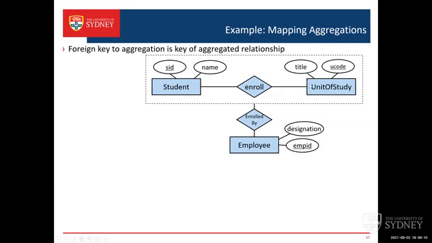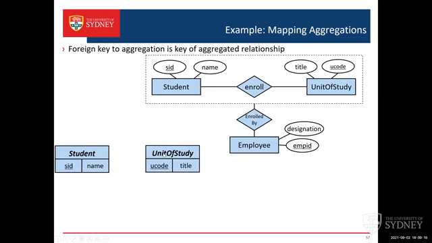If we first create the tables for the internal structure, student and unit of study, that should make sense. Student has SID and name, unit of study has unit code and title. How should enroll look? Enroll should only get the primary key from these two tables. So SID will come and unit of study code will come to the enroll table. That will create the primary key, and those are the foreign keys as well.